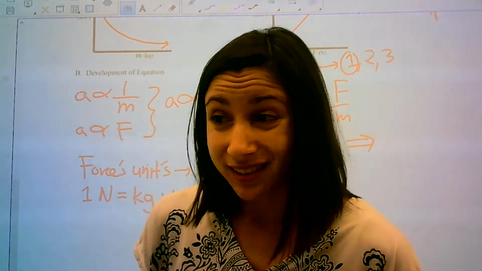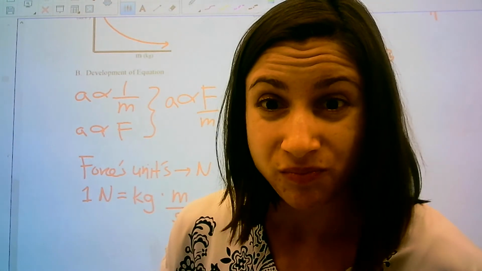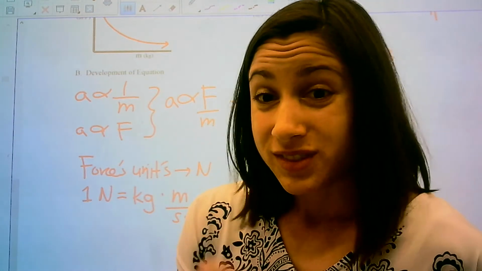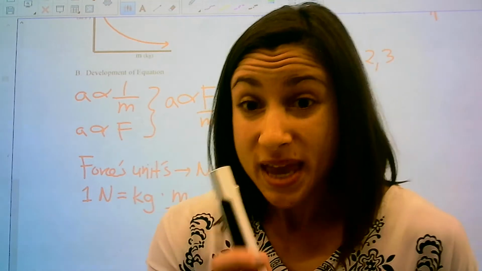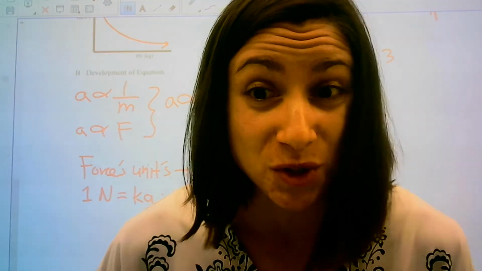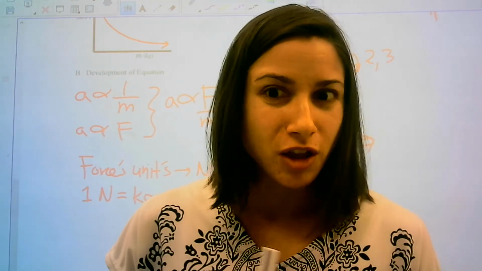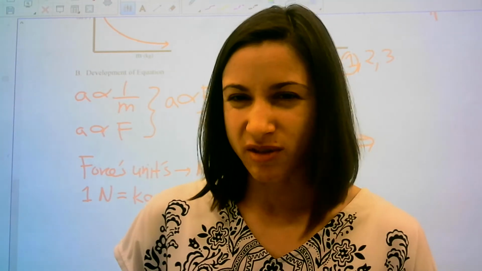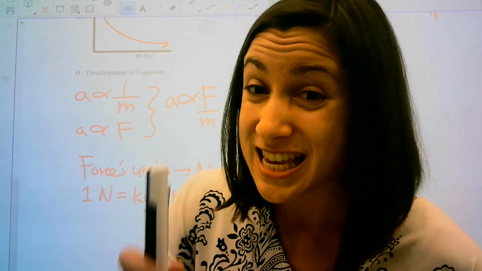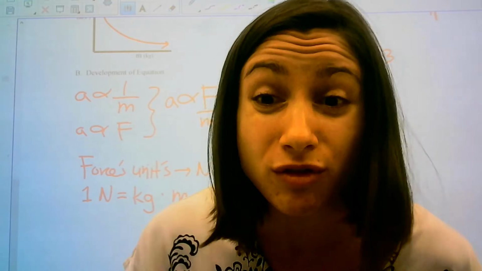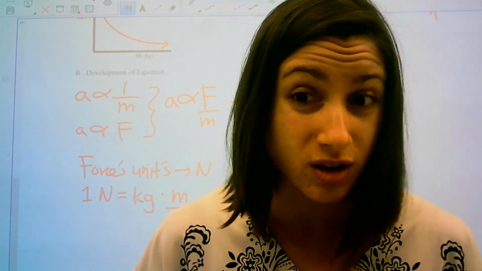Before I do that, I just want you to know that this equation will be the pinnacle of your high school experience, okay? You thought online learning was just going to be kind of a drag. This is the pinnacle because this is one of the most important equations you may ever learn in your lifetime.